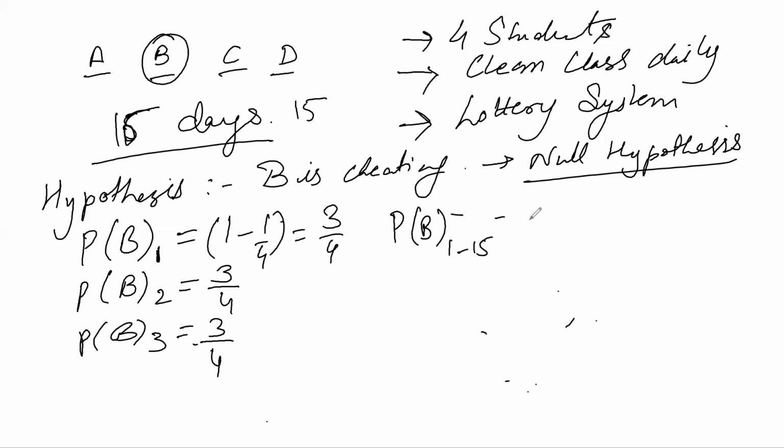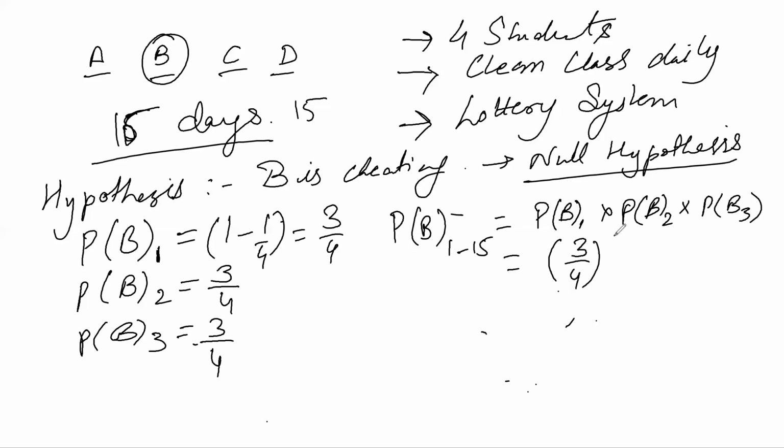It will be equal to the multiplication of all of these probabilities, P(B1), P(B2), P(B3), and all. So this will be (3/4) to the power 15, right?